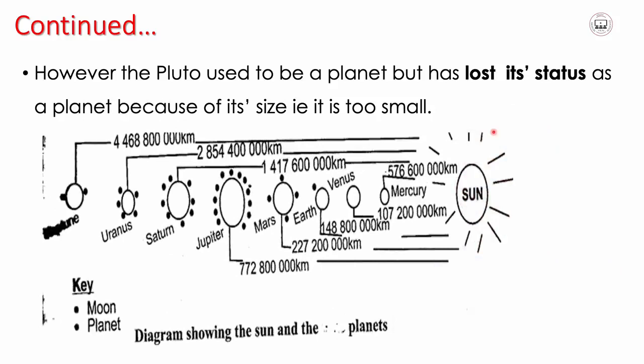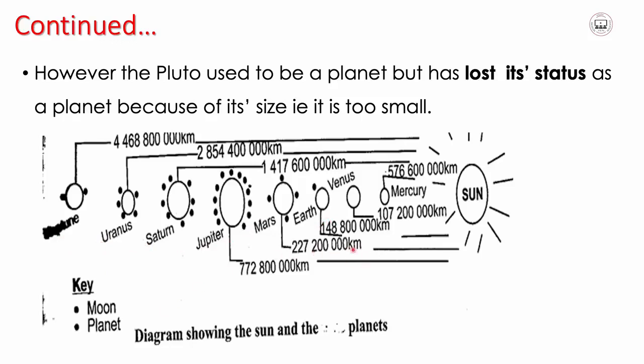So here is a diagram of the solar system. It comprises the sun at the center, and then the planets, which orbit or move around the sun on their axis. You can see Mercury as the first planet, then Venus, Earth, Mars, Jupiter, Saturn, Uranus, and the last one is Neptune.